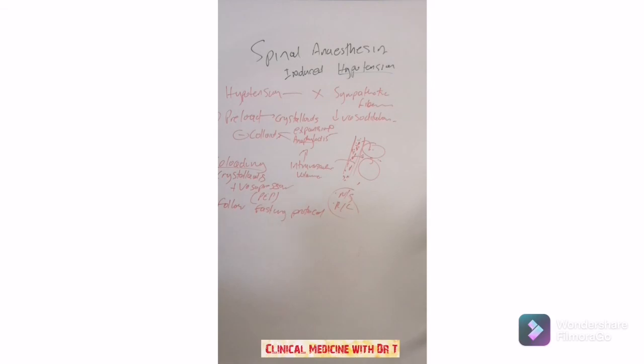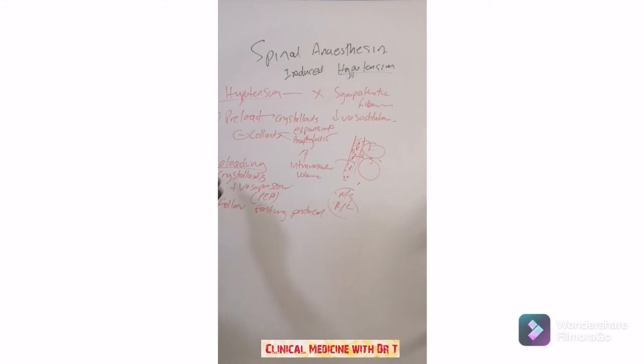Yes, we do run the fluids before the spinal is in, and then we wait for the blood pressure to drop before we give the vasopressors. But the vasopressors are always ready.